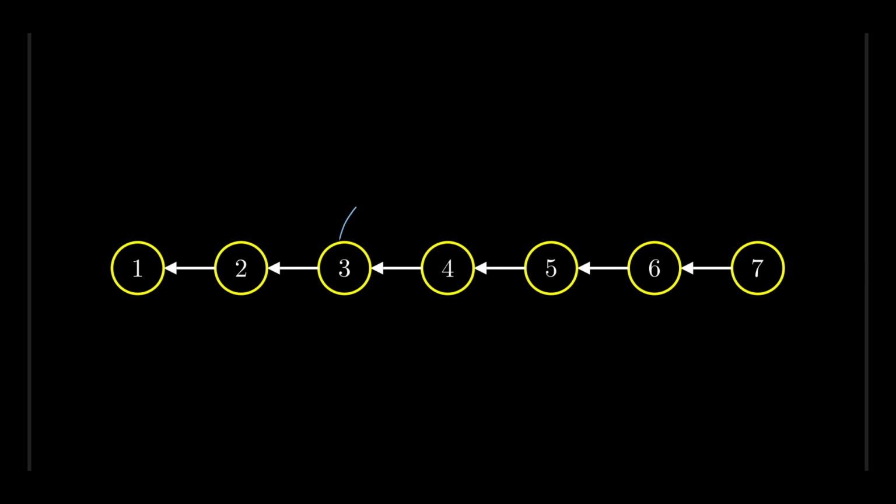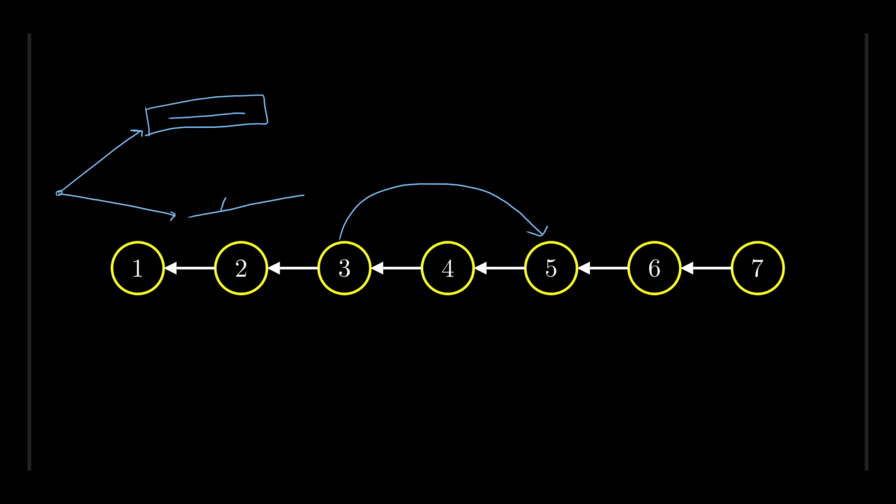Suppose it is from 3 to 5. For the first edge, you have two choices. You can either keep the line graph as it is, or you can keep the line graph and then add an edge that looks like this.